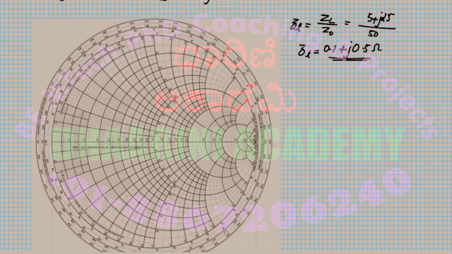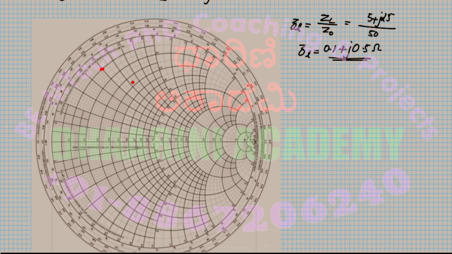So we know how to mark this, right? I just have to look at the real circle. That is 0.5. Is it 0.5? No, 0.1. So 0.1 is, I think, this circle, and 0.5 I need to find out: 2, 3, 4, 5. Okay, if I'm right, this is the point. Correct me if I'm wrong.